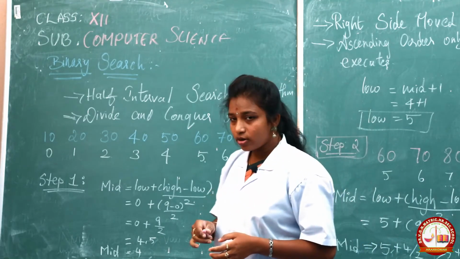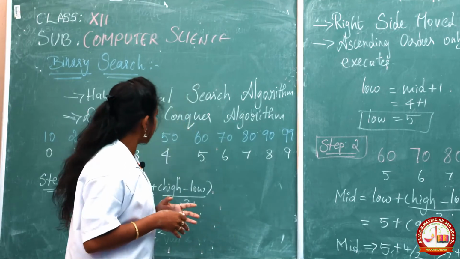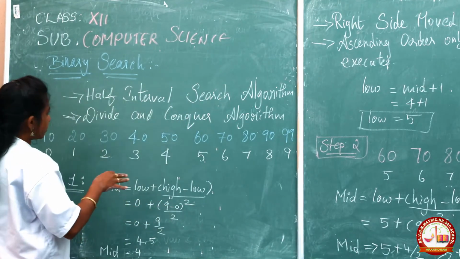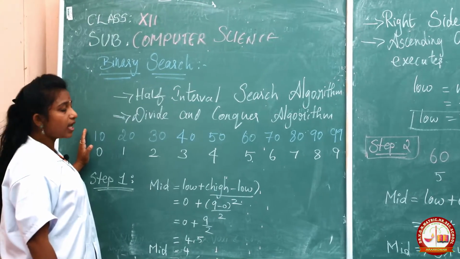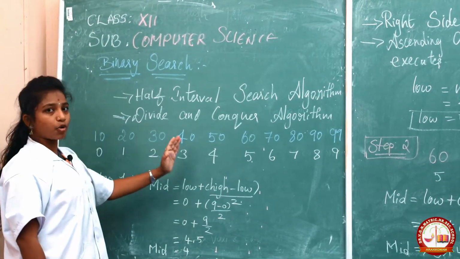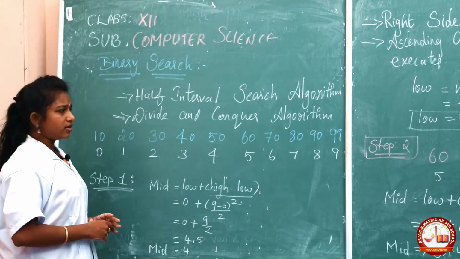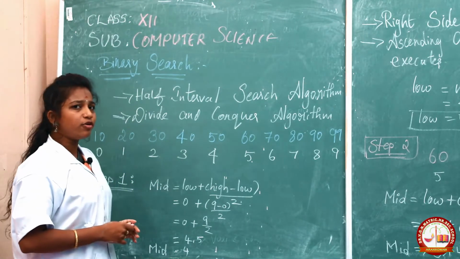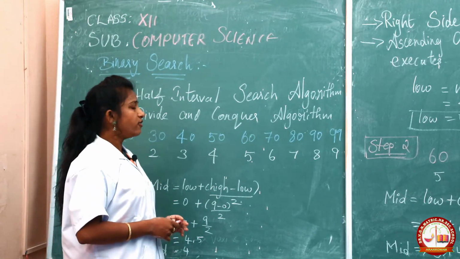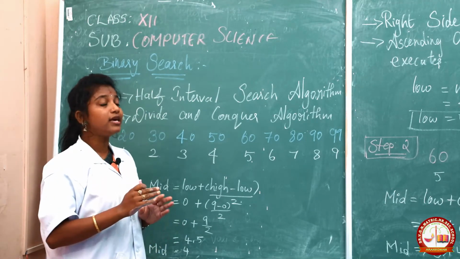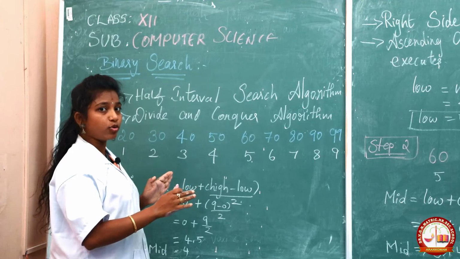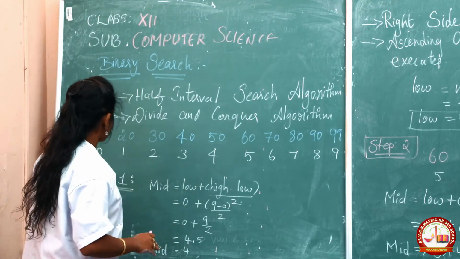Now this is a list. In this list I am going to split the value. Splitting the value is not easy; we have a formula, and by using that formula only we are able to split the value. See step 1.